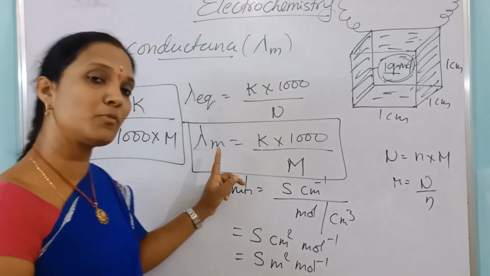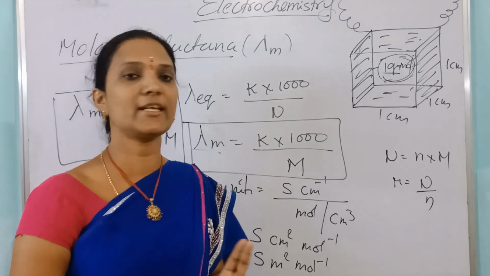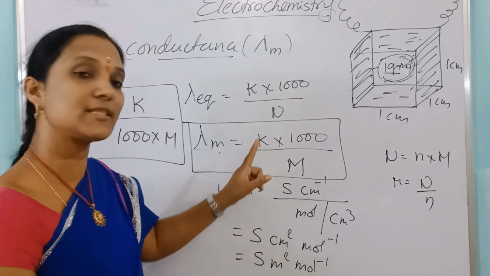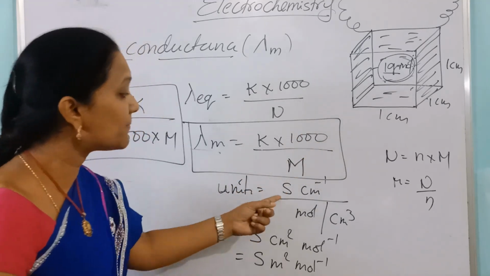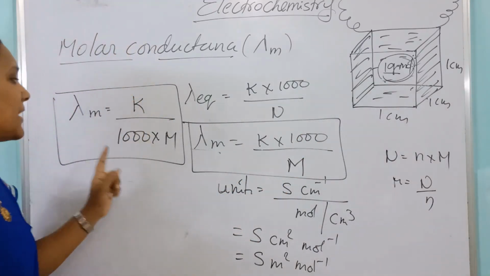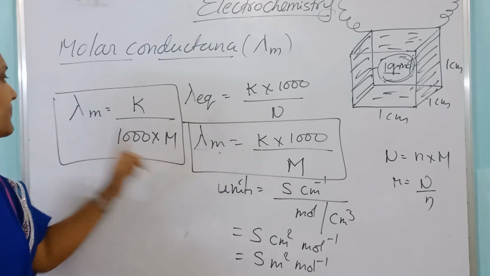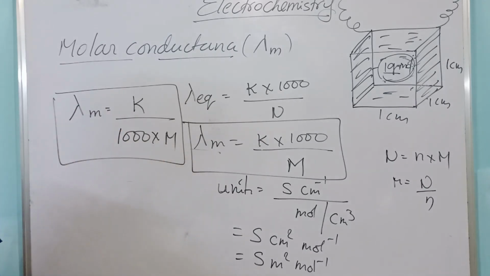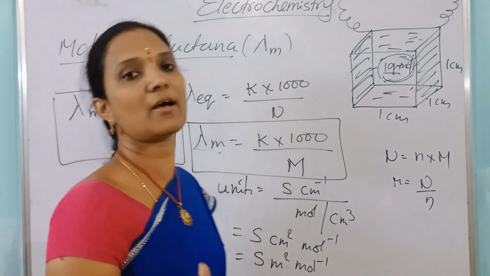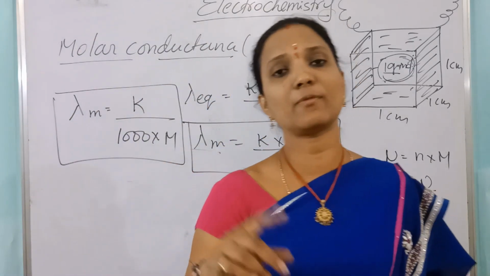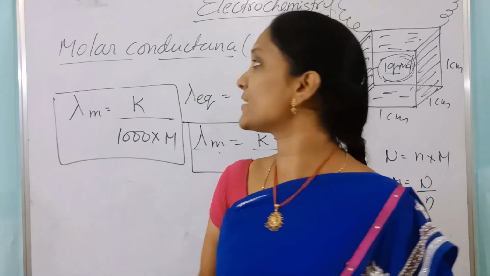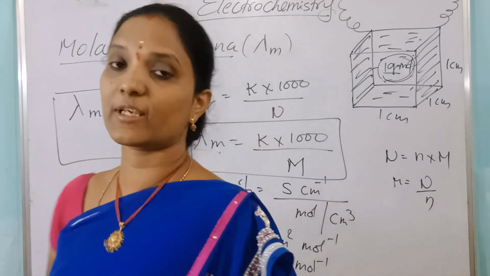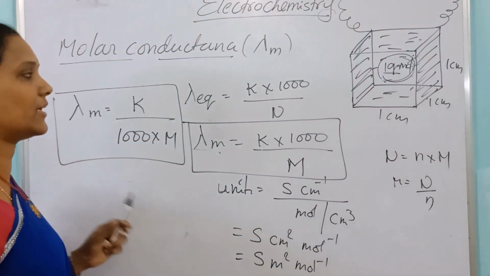Calculation of molar conductance and equivalent conductance is very important. Here K in Siemens per centimeter, into 1000 by molarity. Siemens per meter, K by 1000 into molarity. That is the formula for molar conductance. The conducting power of all the ions produced by dissolving 1 gram equivalent is the equivalent conductance, and 1 gram mole is the molar conductance.